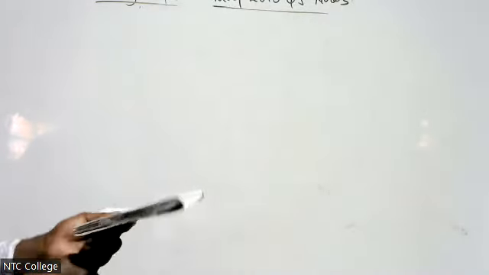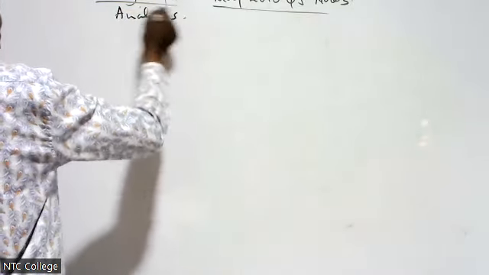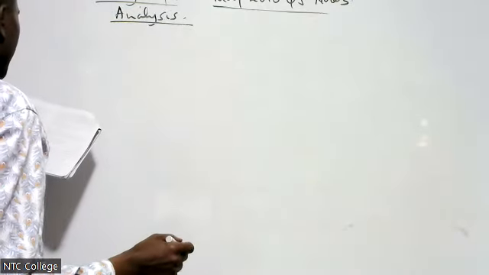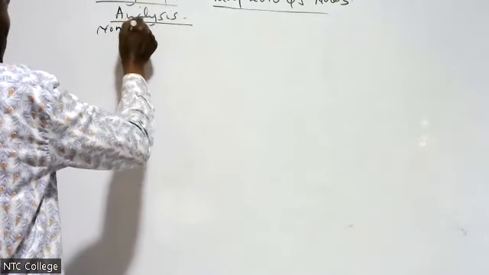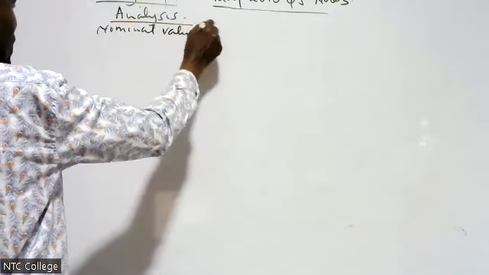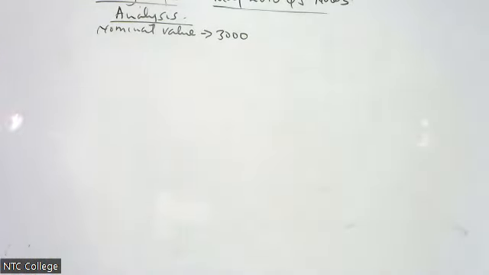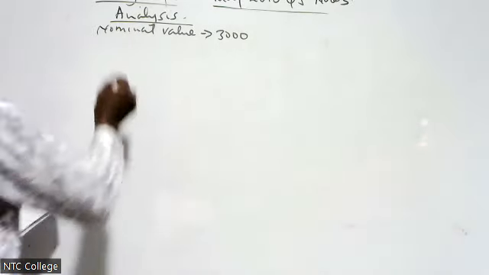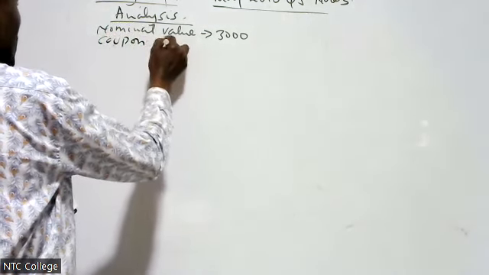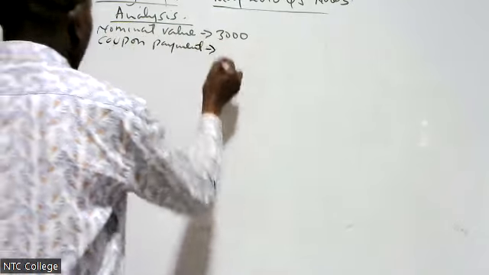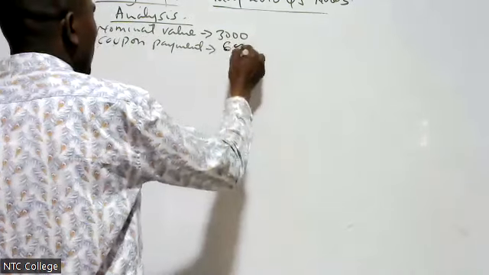Now, let's do the analysis of this question. The nominal value of the bond is 3 million. Because G Limited issued it, it becomes a liability. The coupon payment is 6%.